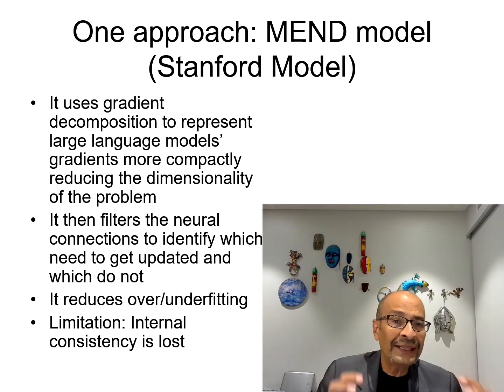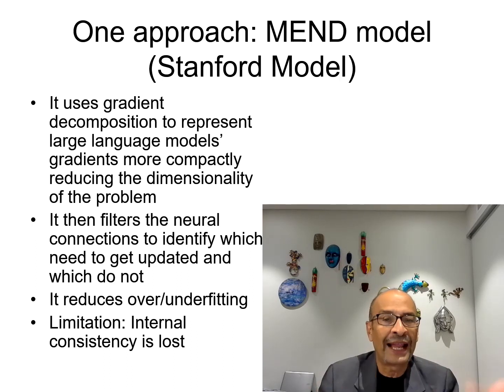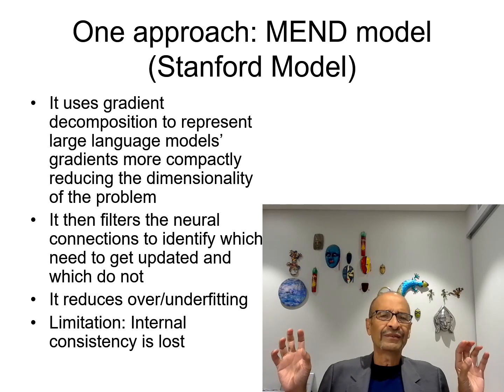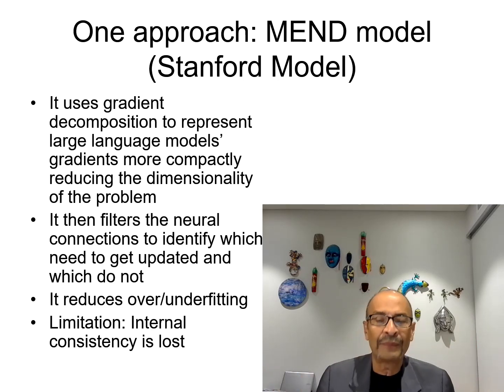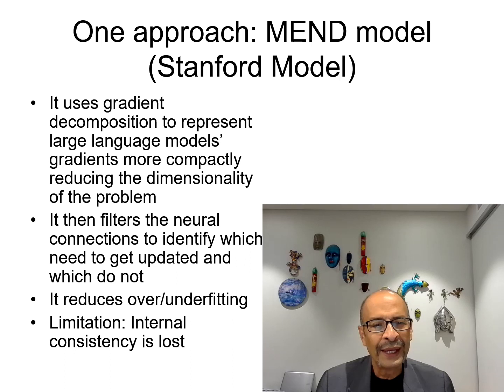And the gradients are more compact in reducing the dimensionality of the problem, essentially. So what it does then, it filters all the neural connections to identify what needs to be updated and what does not have to be updated.